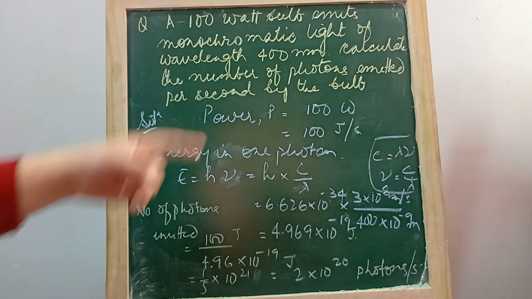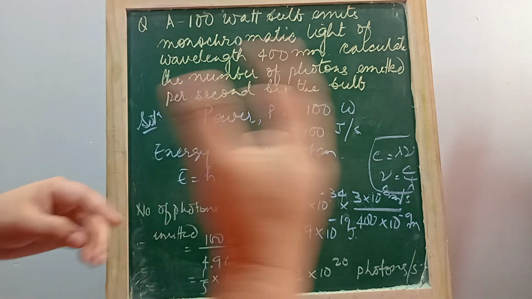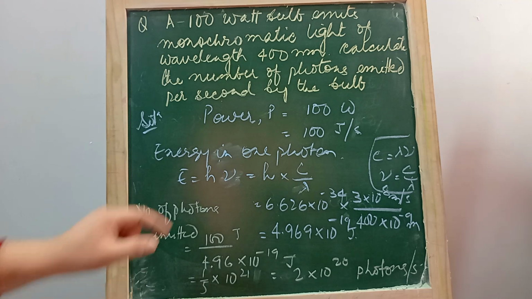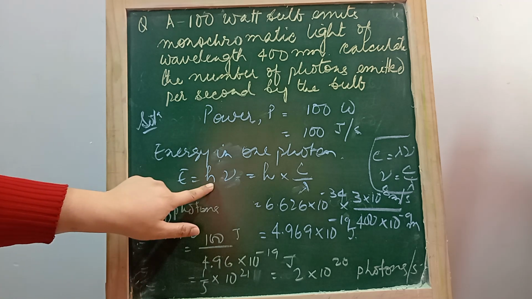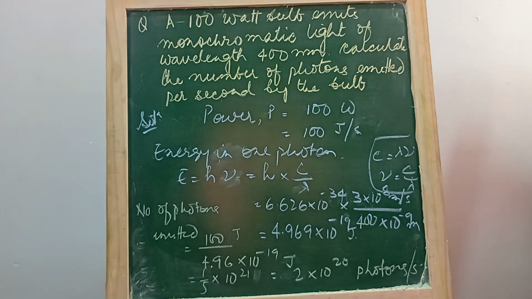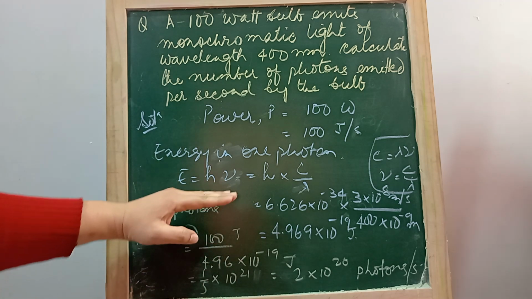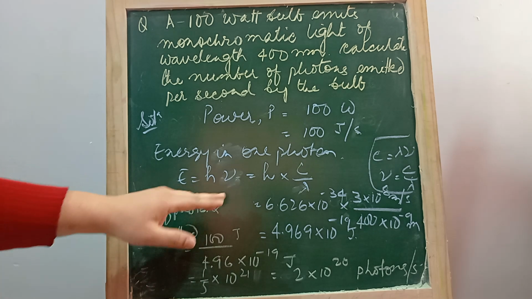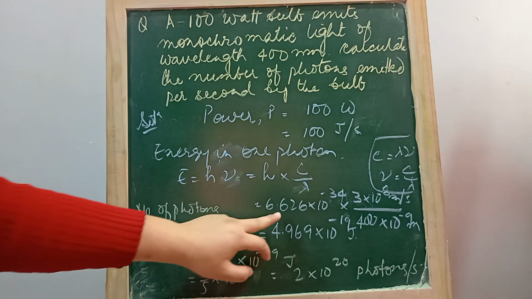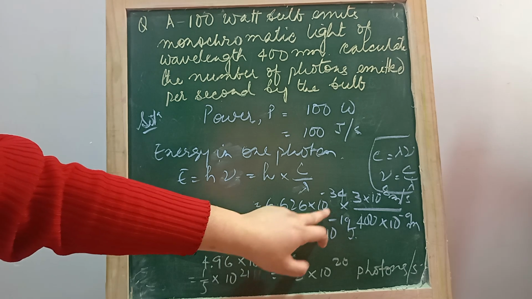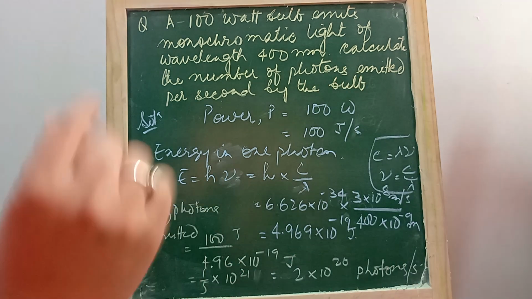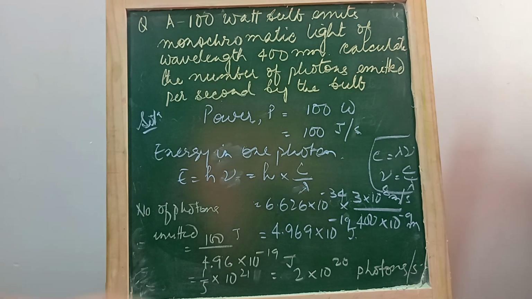The energy in one photon is proportional to the frequency of the light, and it's given by E is equal to h nu, where h is Planck's constant and nu is the frequency of the light. This is the basic equation. Planck's constant has the value 6.626 into 10 to the power minus 34 joule seconds, a very small number.